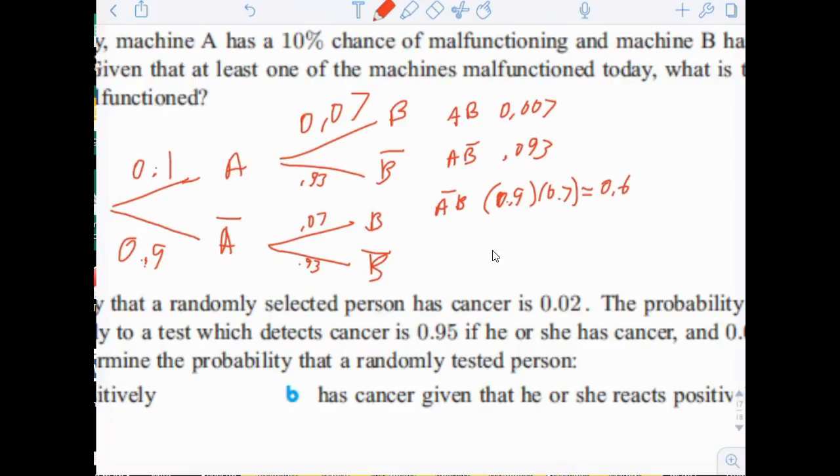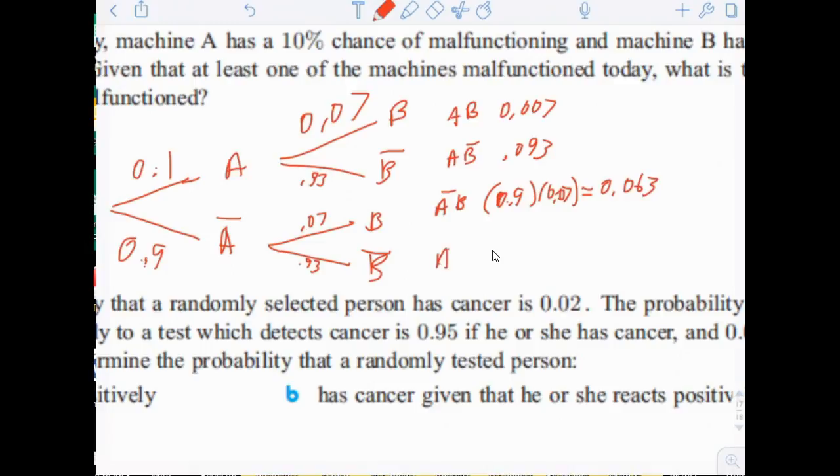Okay. And the last one would be not A breaking, not B breaking, which would be 0.9 times 0.93, which would be equal to, let me use the offline calculator, 0.837.